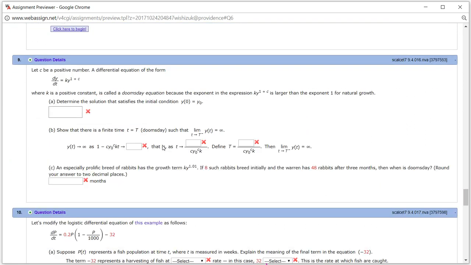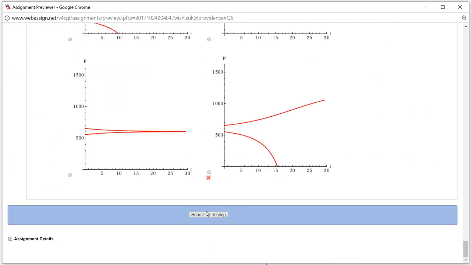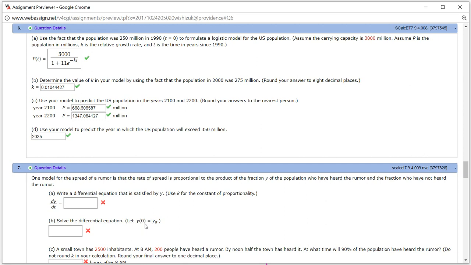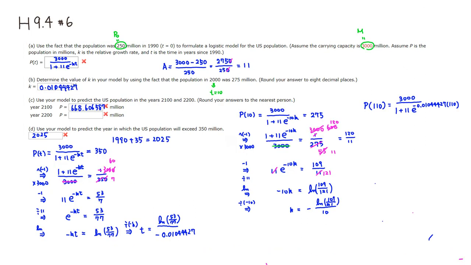All right, so the answer is going to be 2025. So let's check the answer. Submit for testing. All right, it came back and looks like we got this one correctly. All right, that's it. I hope that this was clear.